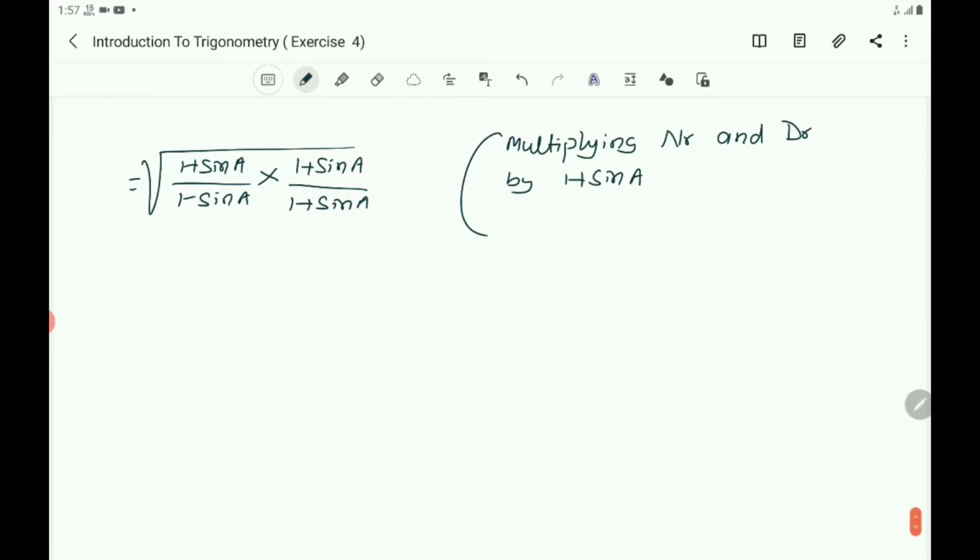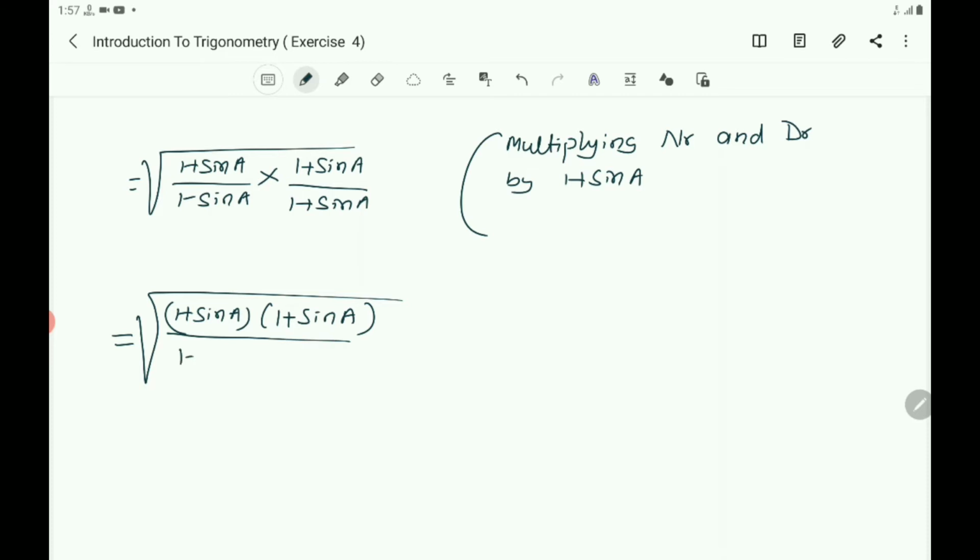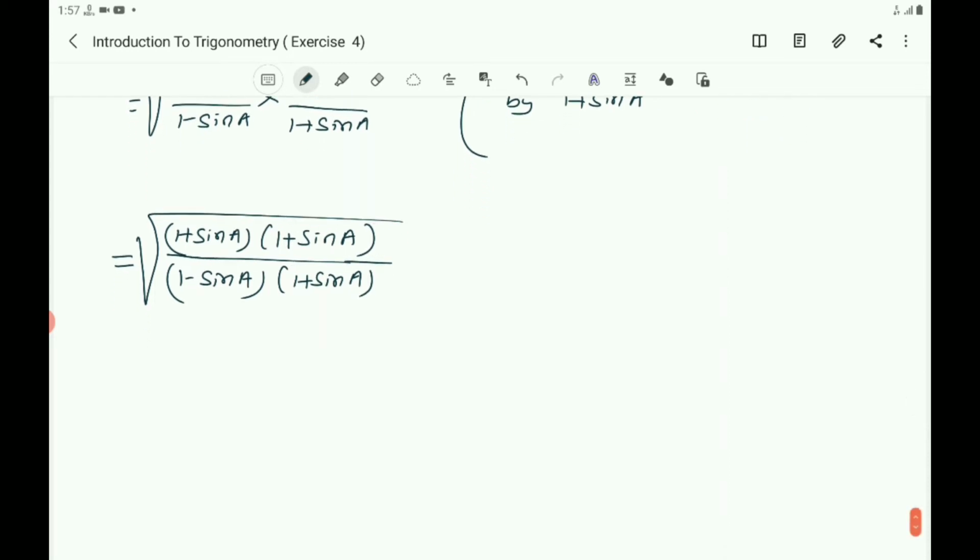Now that becomes the square root of (1 plus sin A) into (1 plus sin A), divided by (1 minus sin A) into (1 plus sin A).